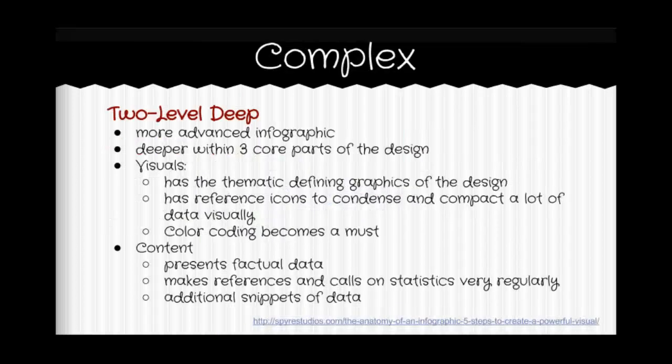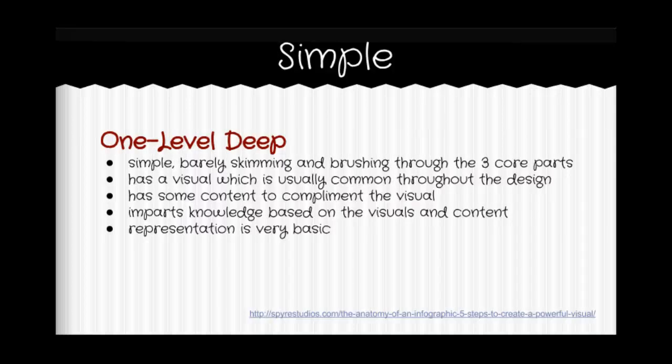Okay, so there's different types of infographic. A two-level deep infographic is much more advanced than just a simple one. And I think I went too far. So let's start with the simple. It's barely skimming and brushing through the three major parts.